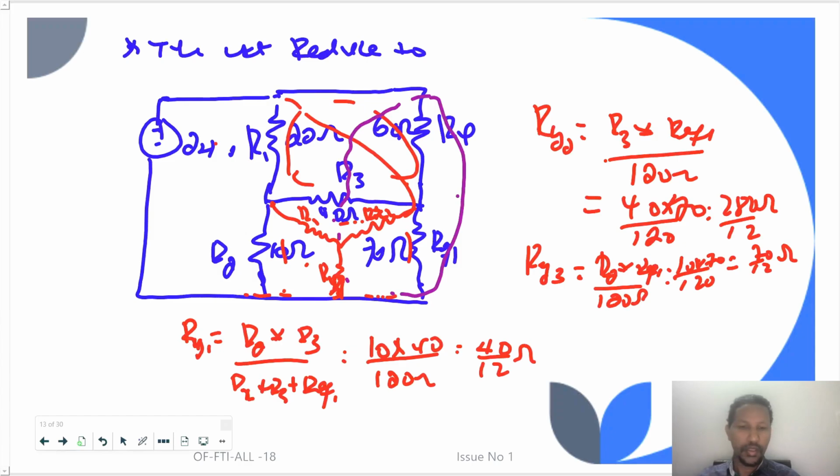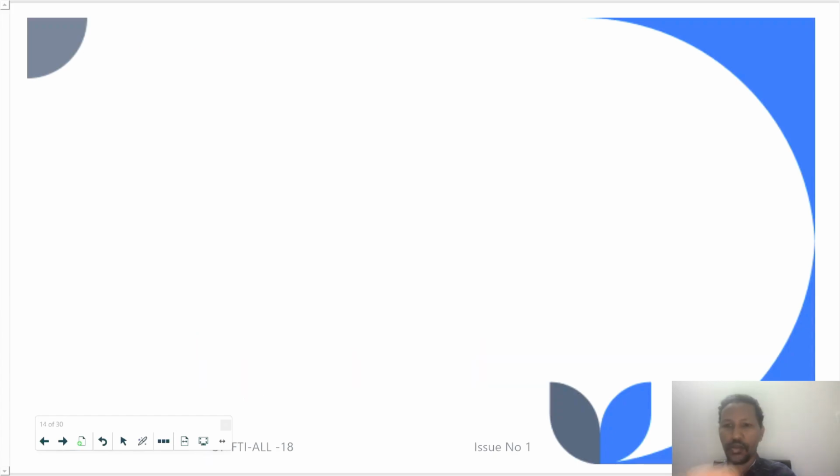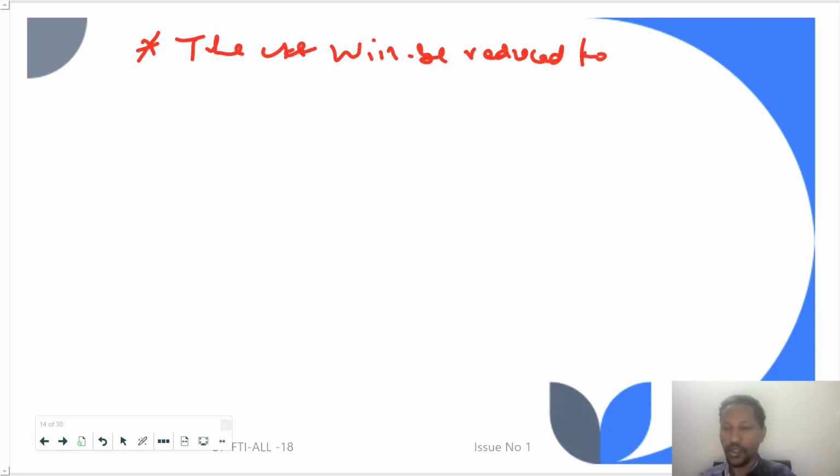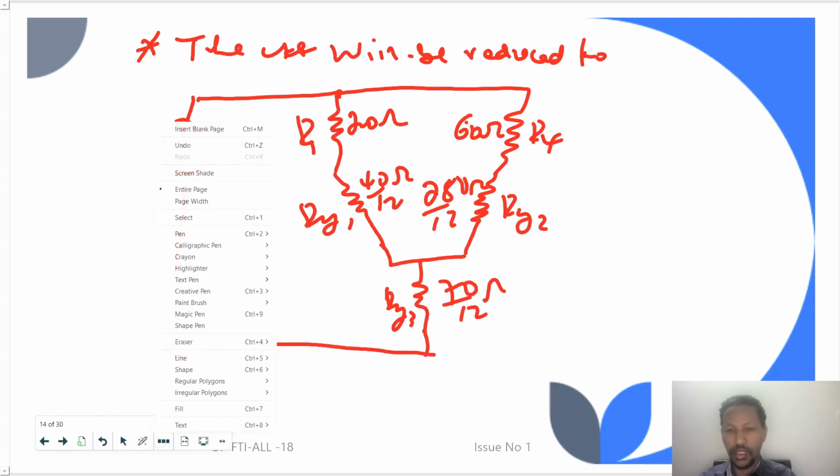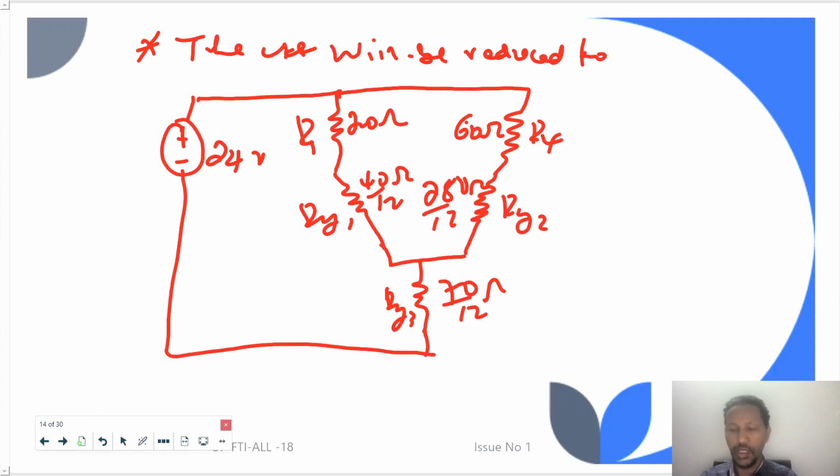Using these values, the original Delta network will be removed and the circuit will be reduced as shown below. From this network, R1 is in series with RY1.